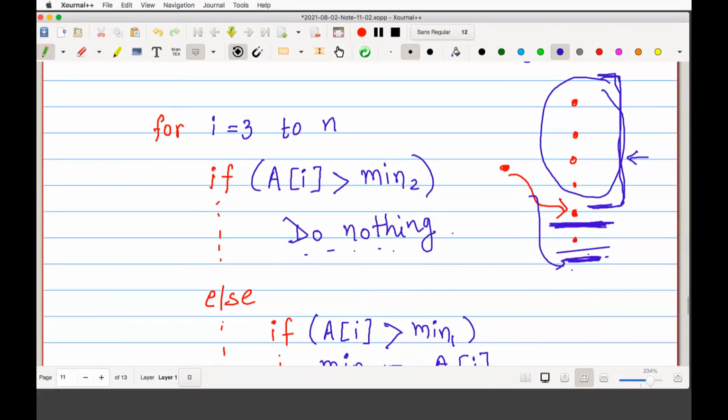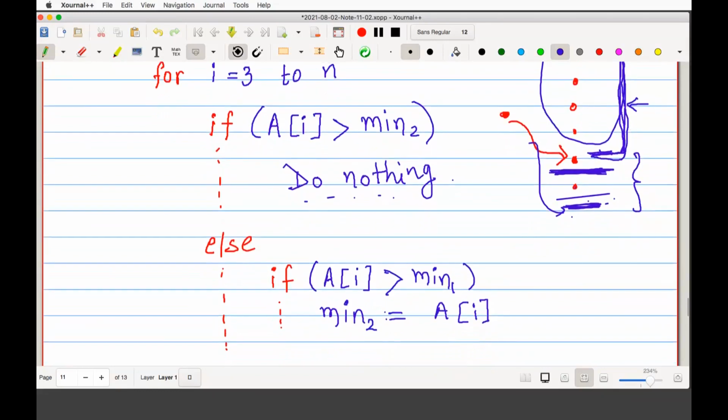And it does seem like this is more likely, right? If every permutation is equally likely, then it's more likely that Ai will fall somewhere in this long range compared to somewhere below the min 2 range. So it looks like our algorithm should do well.